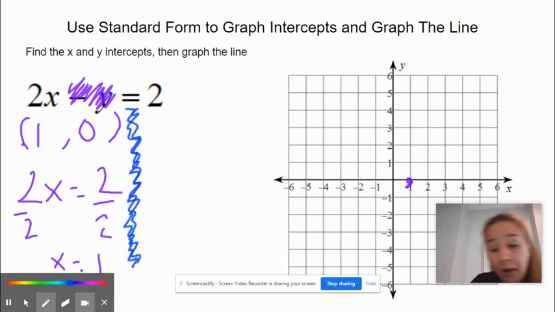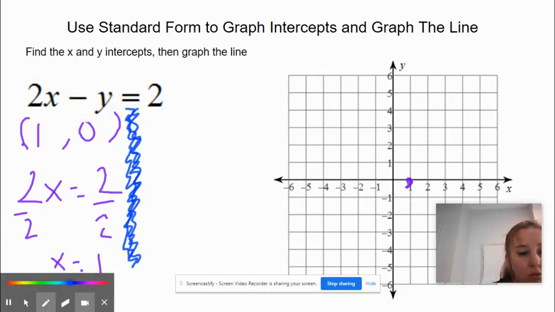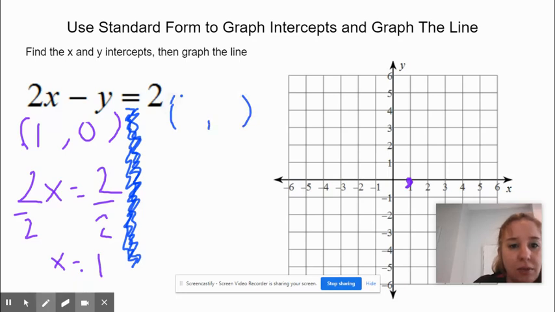And now we're going to focus on finding our y-intercept, right? So our y-intercept, y has some sort of value, but x is 0. So if x is 0, you can plug your little 0 in there, but really just recognize that this thing is going to go away.